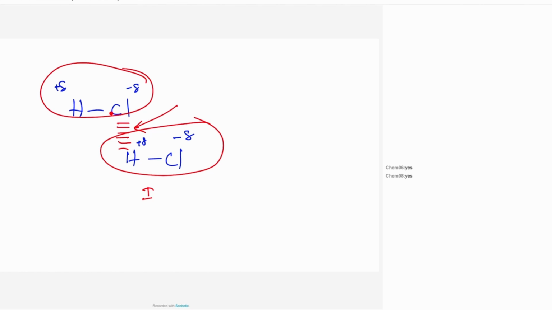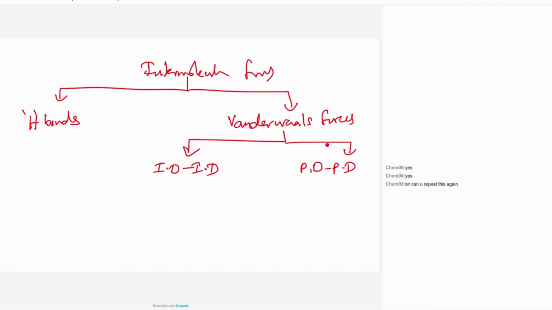So one permanent dipole of one molecule attracts another permanent dipole of another molecule. Of course, opposites attract: plus attracts minus, minus attracts plus. Because two permanent dipole molecules are involved, we name this type of intermolecular force permanent dipole-permanent dipole attraction. You have to mention permanent dipole twice because both molecules contain permanent dipoles, right? So this is the classification of the intermolecular forces.